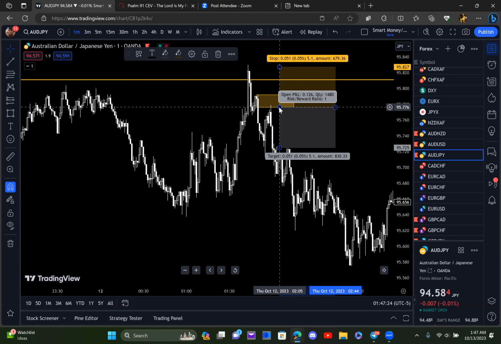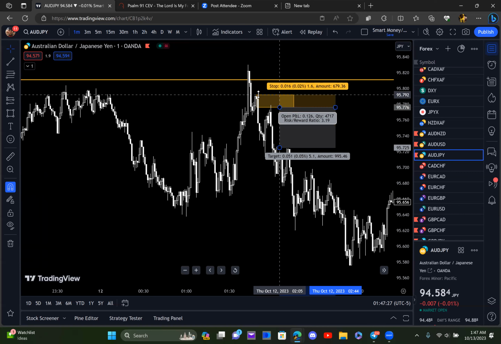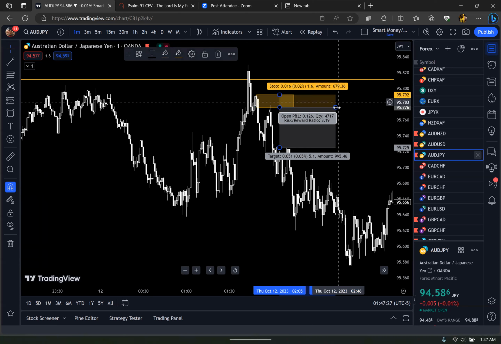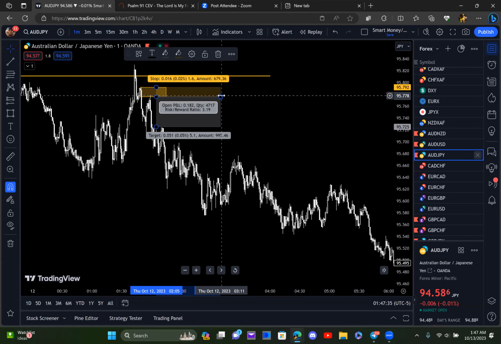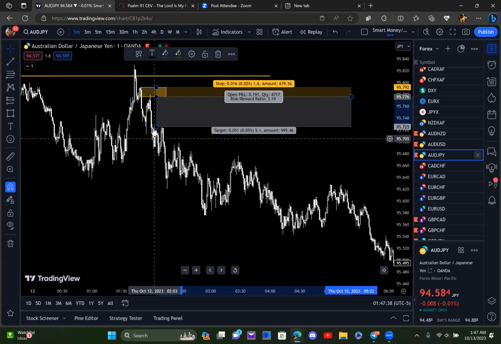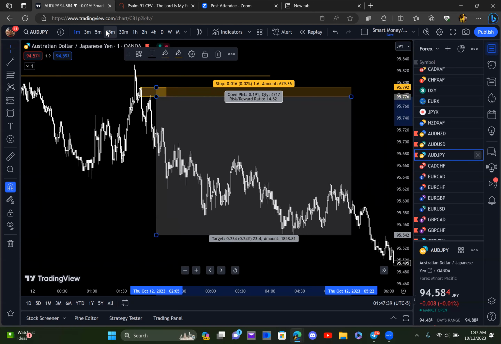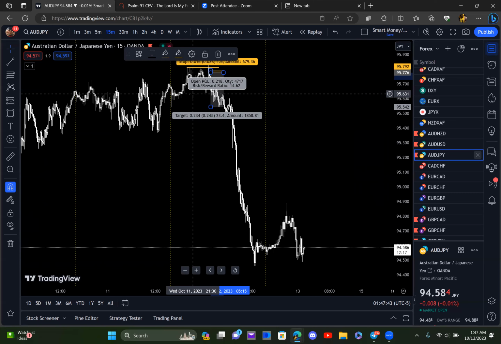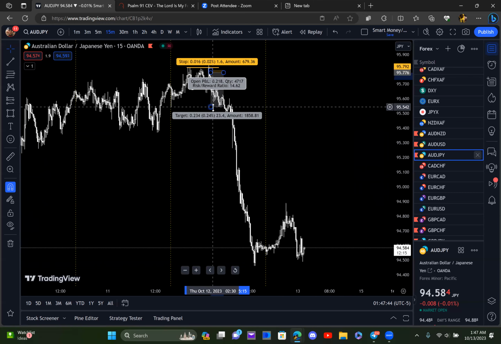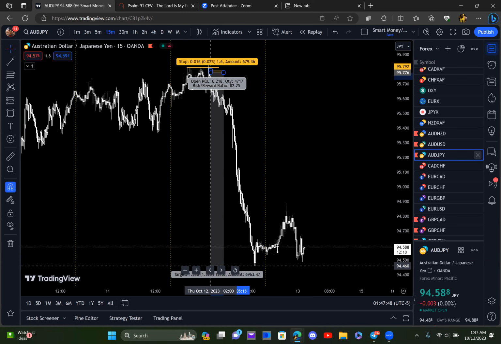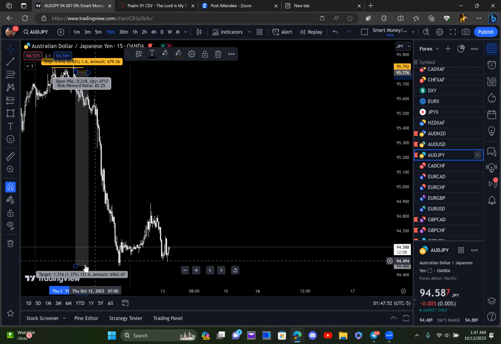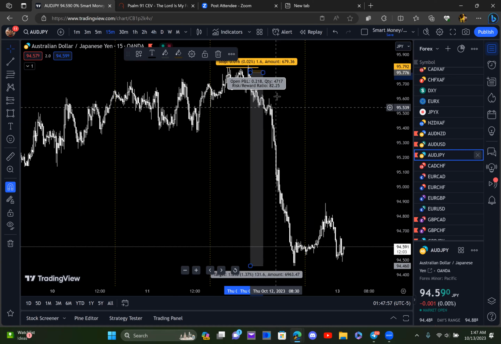I like to be as precise as possible. 1.6 right there. And let's see, if I bring it all the way down to here. I can bring it down to here. 131.6 pips.